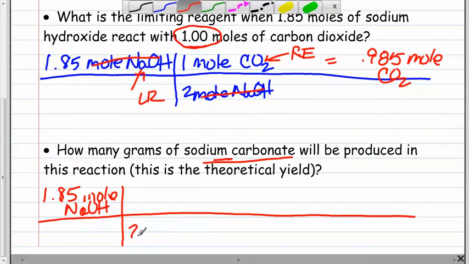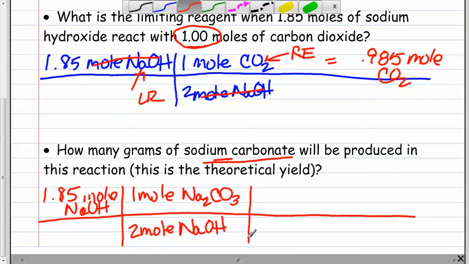So I know I have 2 moles of sodium hydroxide for every 1 mole of sodium carbonate. Now my moles of NaOH canceled here, and if I stop now I'd be in moles of sodium carbonate. But I need to get to grams, so I'm going to take it one more step.